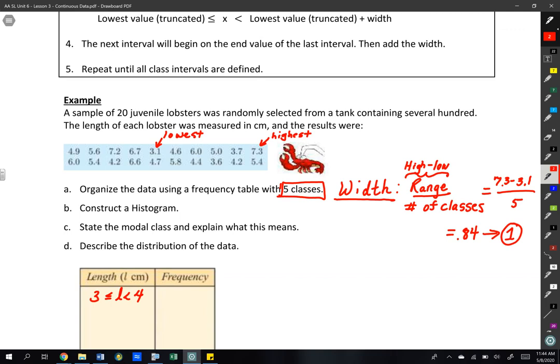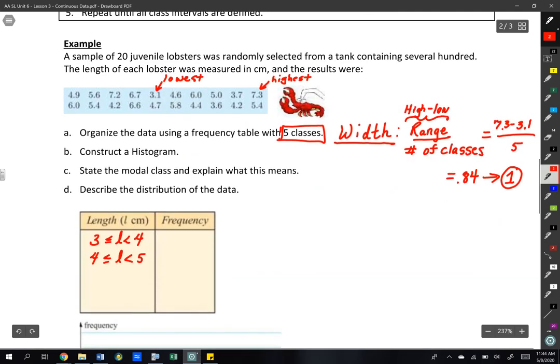Then the next interval begins on the end value. So we're going to start here. We ended with 4, so we're going to start with 4. We're going to add 1. All right, we ended with 5. We're going to add 1. We get 6.